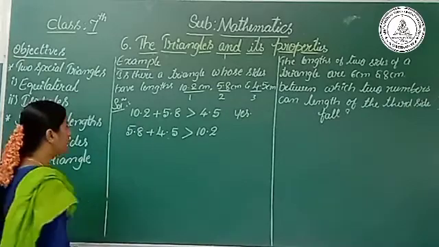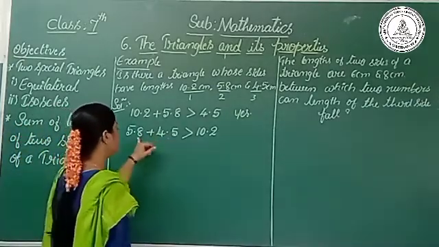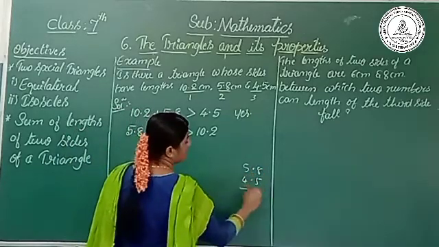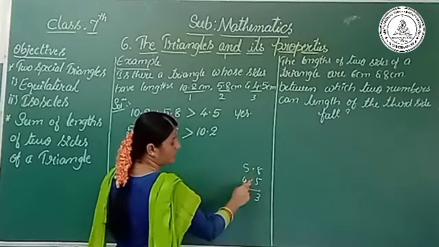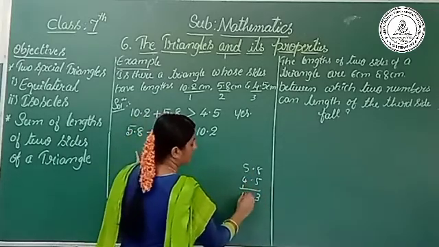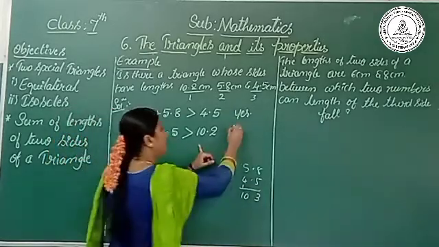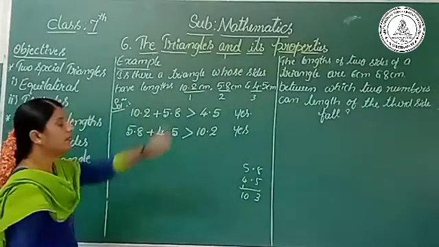Let's check 5.8 plus 4.5. Add 5.8 and 4.5: 8 plus 5 is 13, carry 1, 5 plus 4 is 9, 9 plus 1 is 10. So yes, it is 10.3, which is greater than 10.2. Yes, the triangle is possible for these measurements.